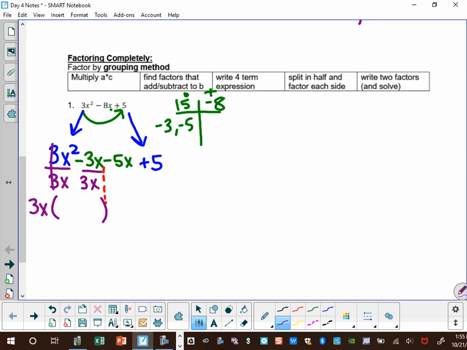X squared, which is basically 2 x's divided by x, how many x's are left over? 1. So we have 1x. What about negative 3x divided by 3x? What's negative 3 divided by positive 3? Negative 1. What happens to my x's? They cancel out. Alright, the left side is done.